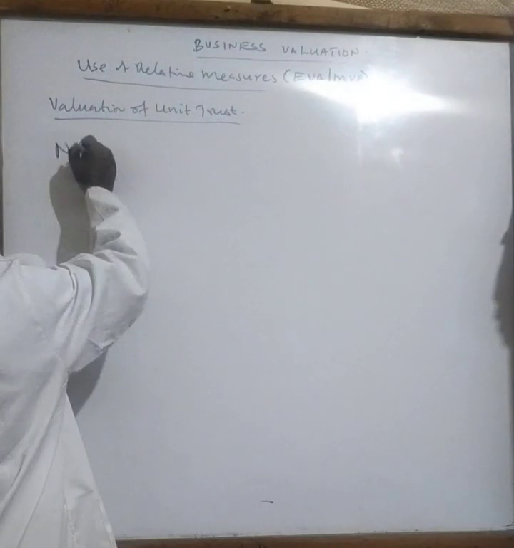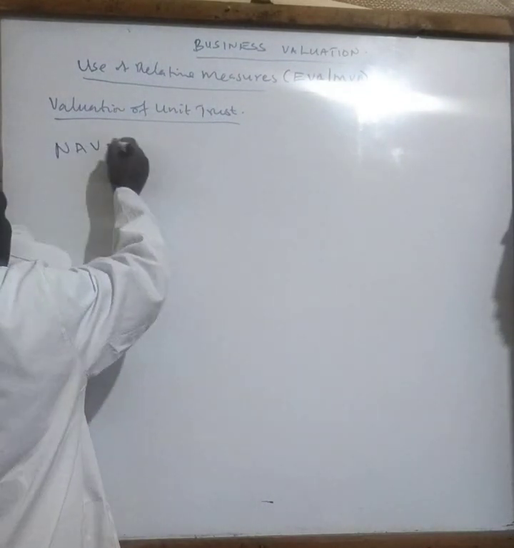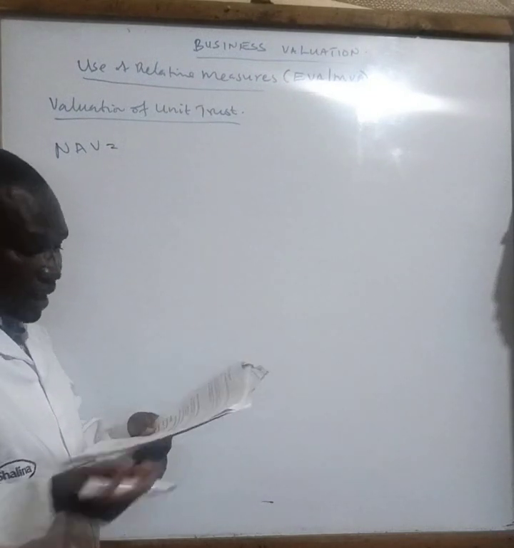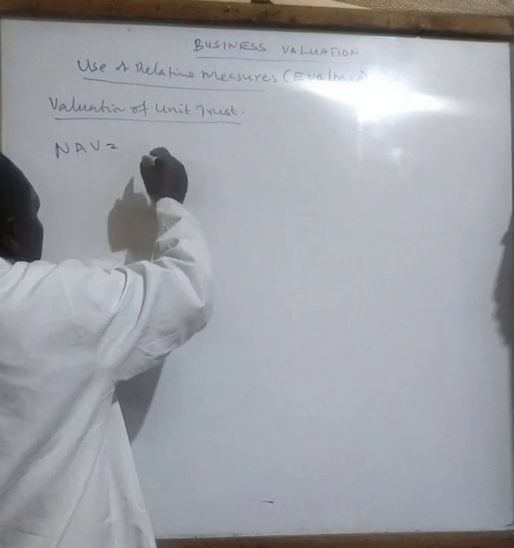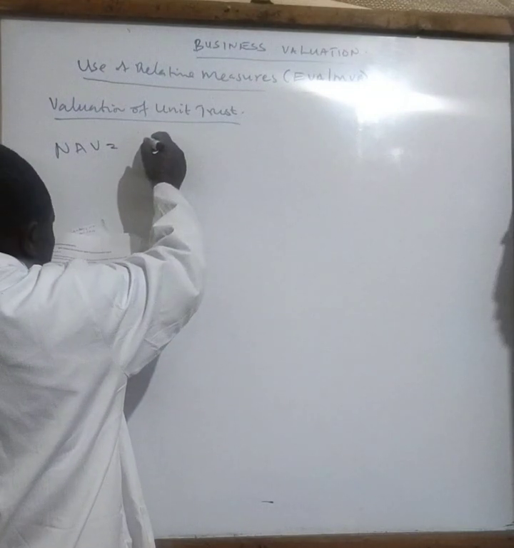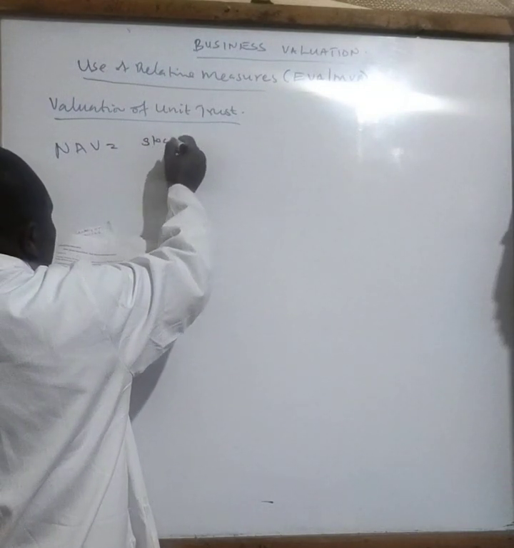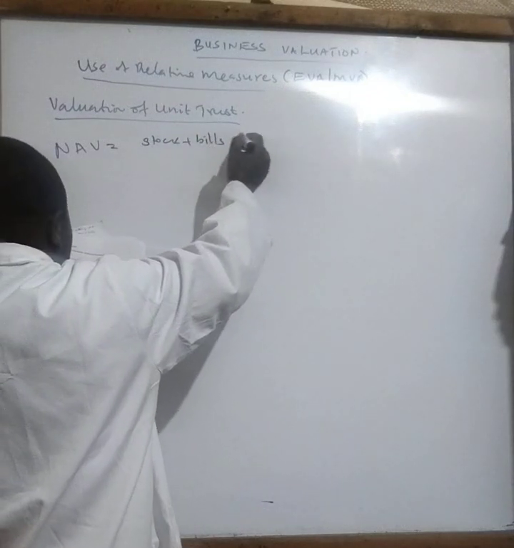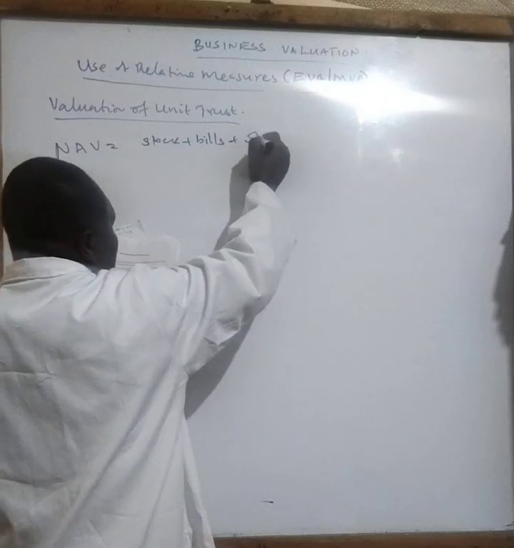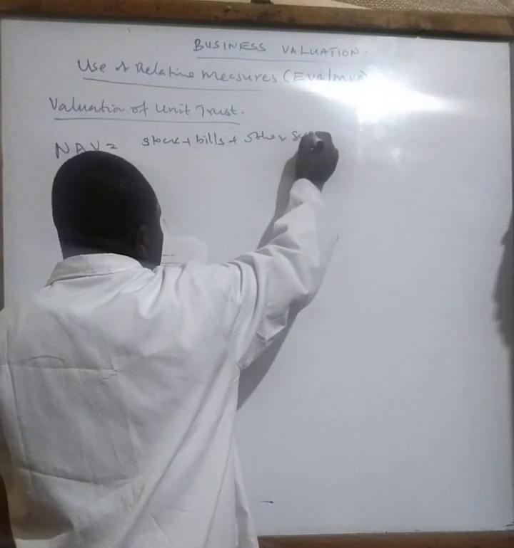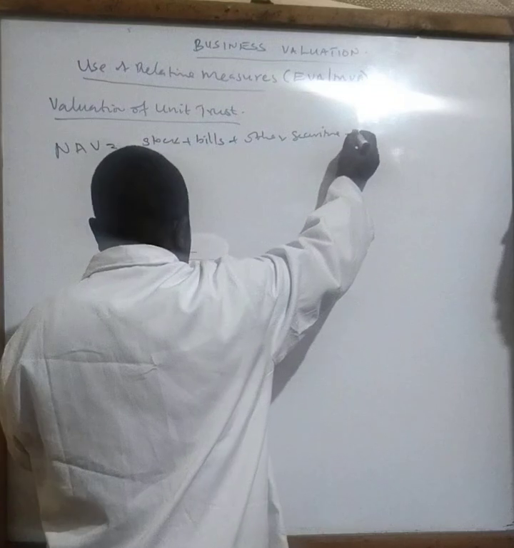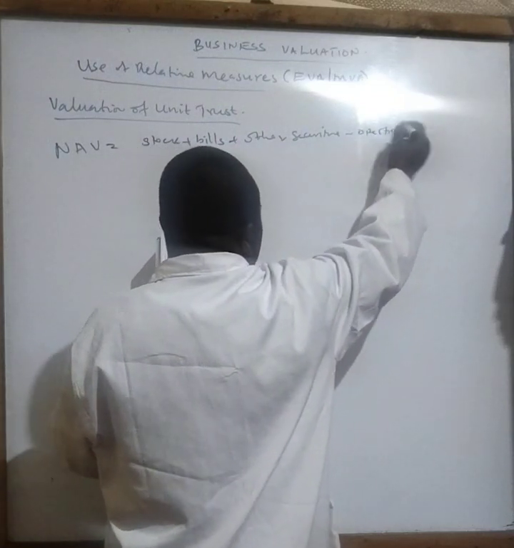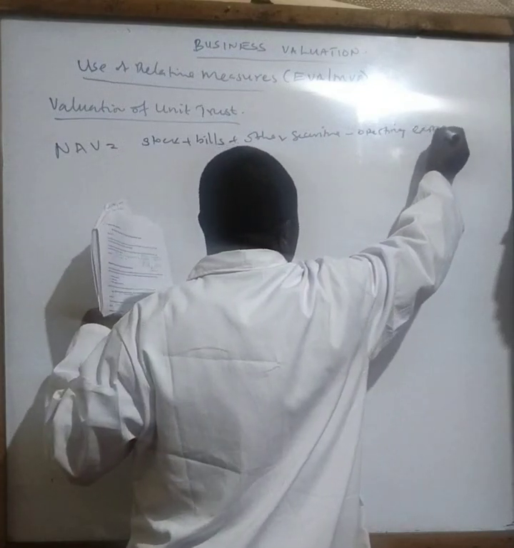Now, for net asset valuation, we value this unit trust by knowing how many assets are there. Very simple. So you take the stock, you add bills that are available in the form of receivables, you add other securities, then you minus operating expenses.